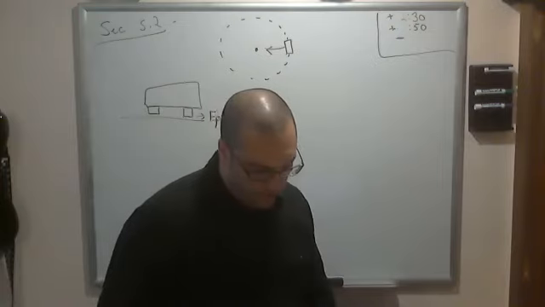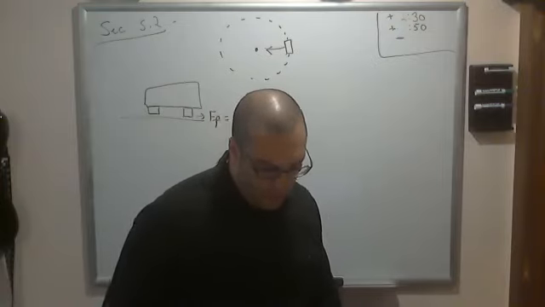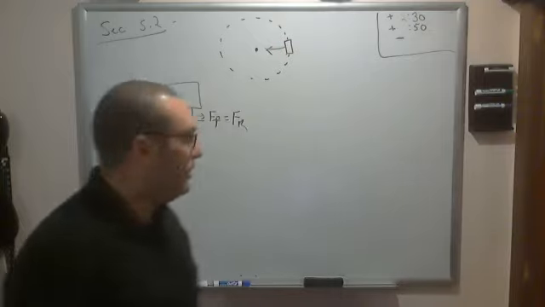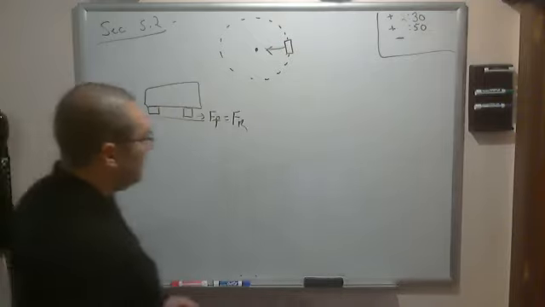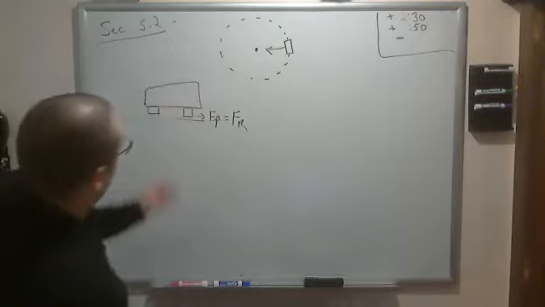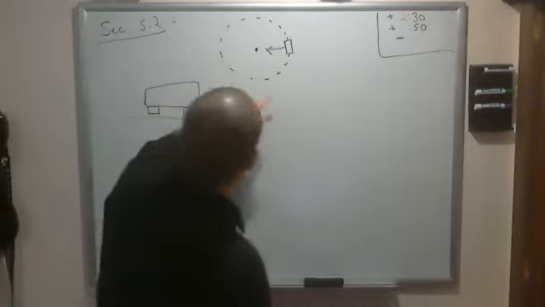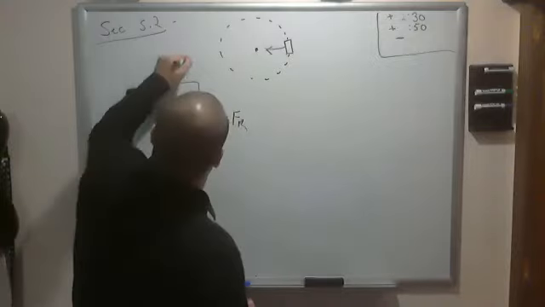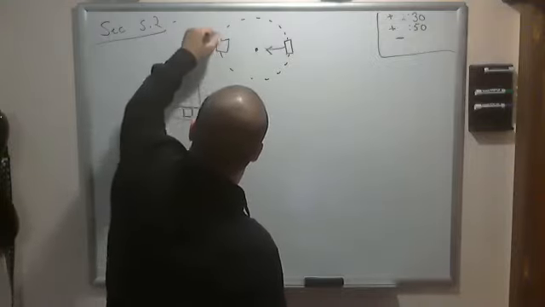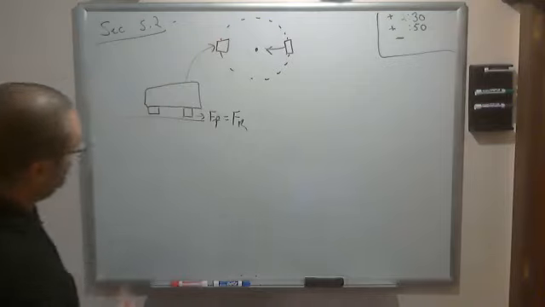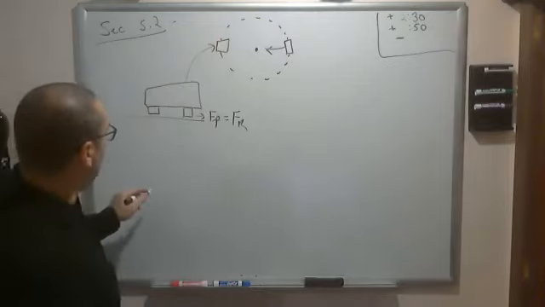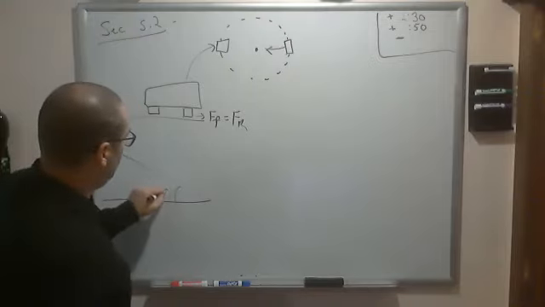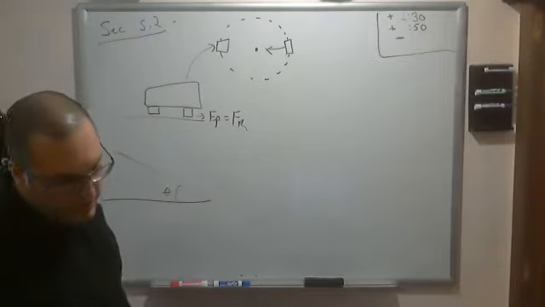Now, one way to handle this is to introduce a bank on the road. So this car is on this side. Now, let's see what would happen if we have a bank in the road. We have a certain angle, theta.